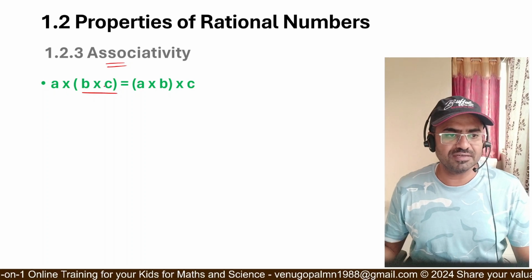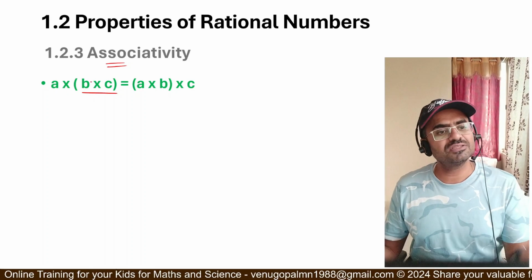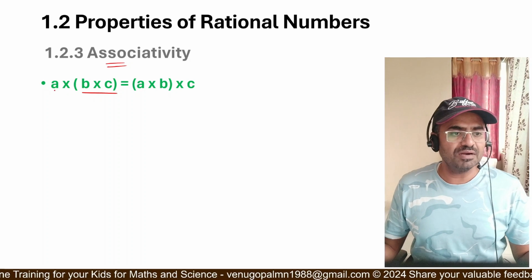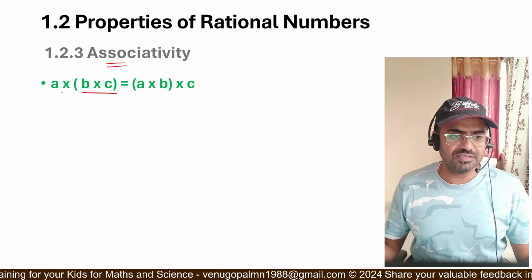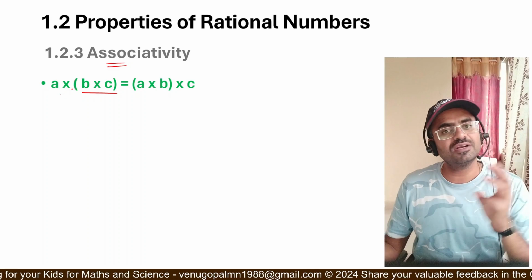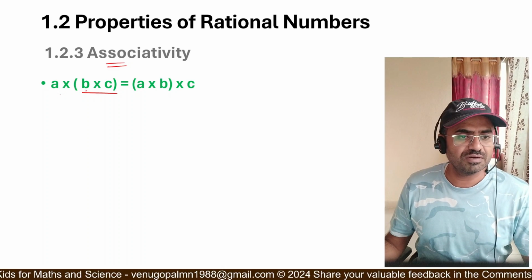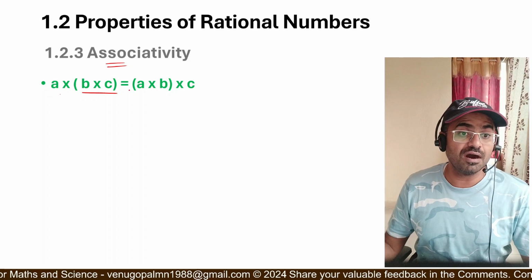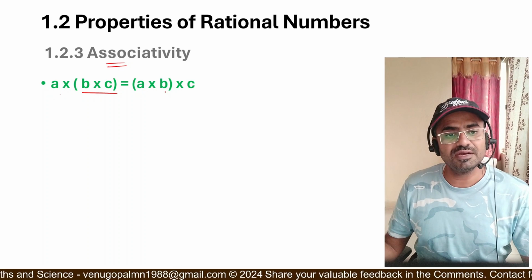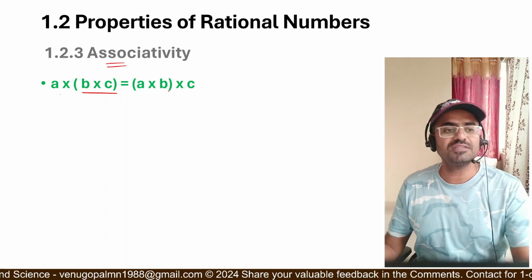First we multiply b and c, and the result is multiplied further with a. If there are three rational numbers being multiplied, you can first multiply b and c, then multiply with a, or you can multiply a and b first and then multiply with c. That's what this property says.